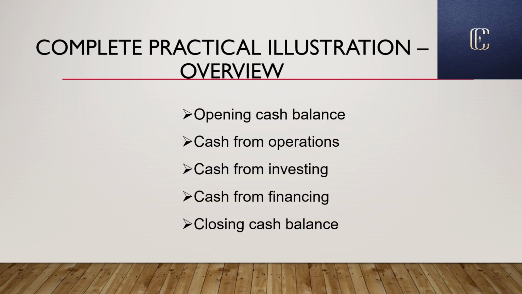The complete practical illustration overview: assume the company starts the year with opening cash of 1 lakh. The cash earned through the operations is rupees 2,50,000, that is cash from operations.